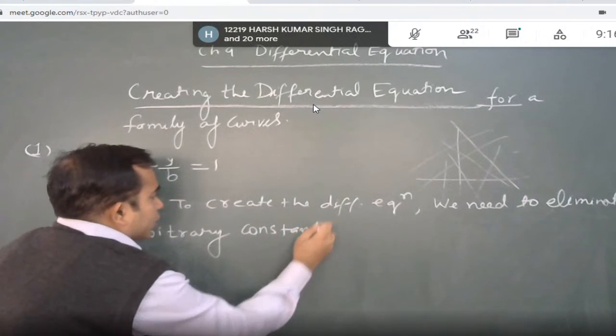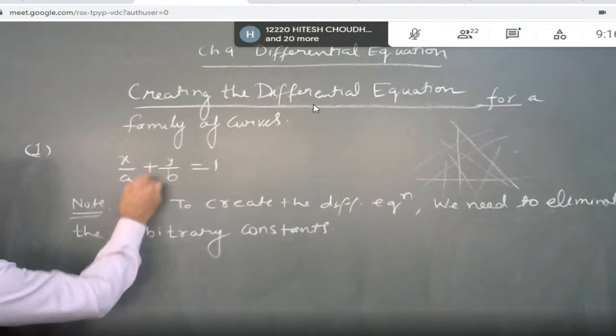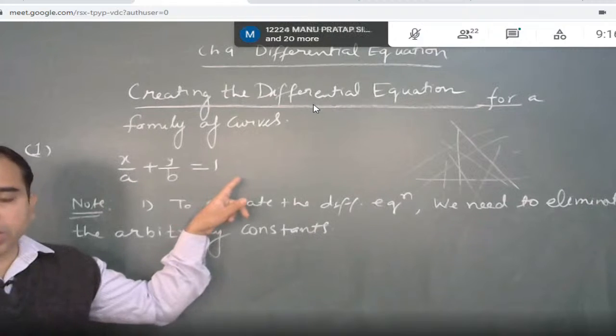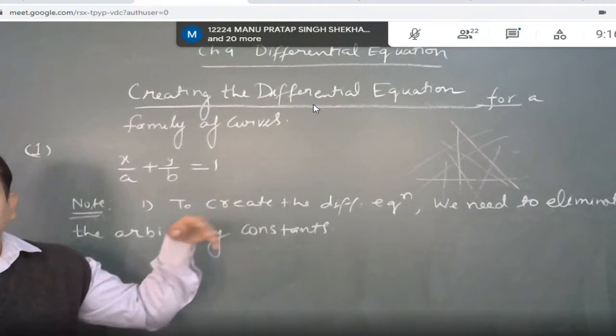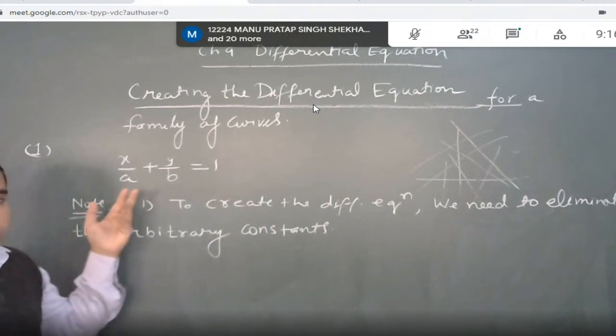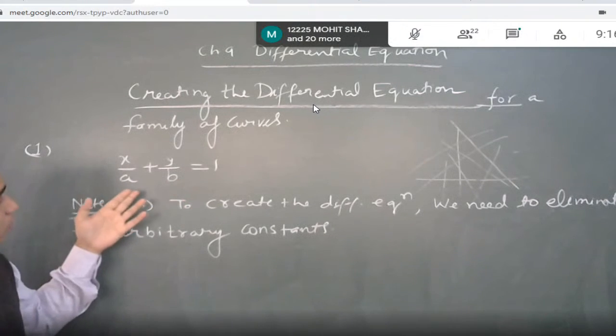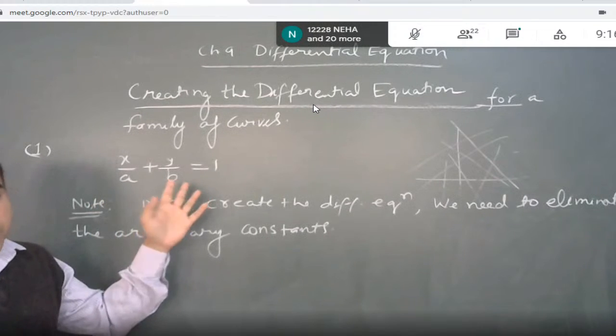You know arbitrary constants, a, b, these are called arbitrary constants. One is a natural constant, one is not an arbitrary constant. Arbitrary constant means the constant to which we can assign the value as per our choice. So you have to eliminate them.